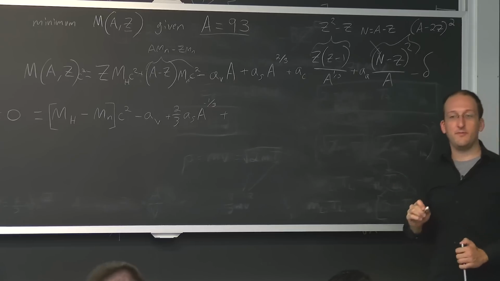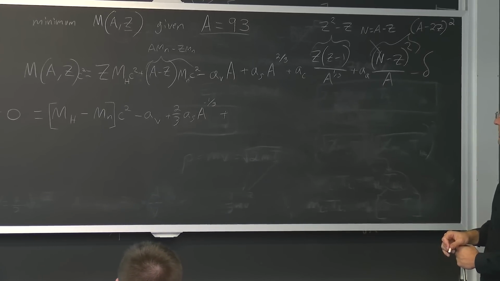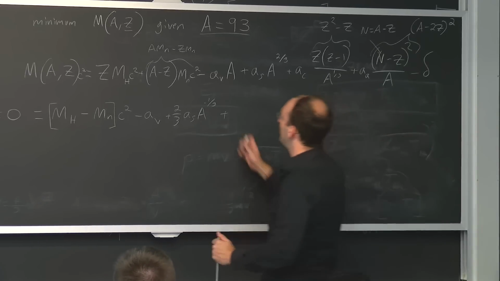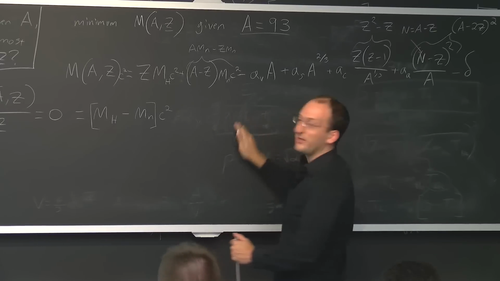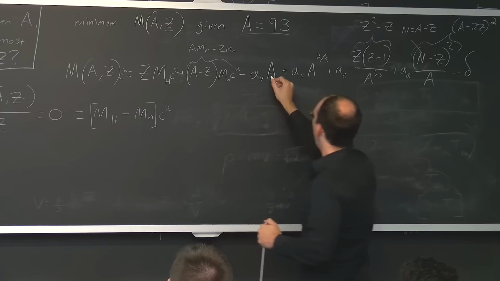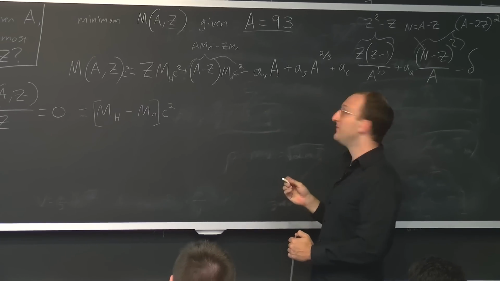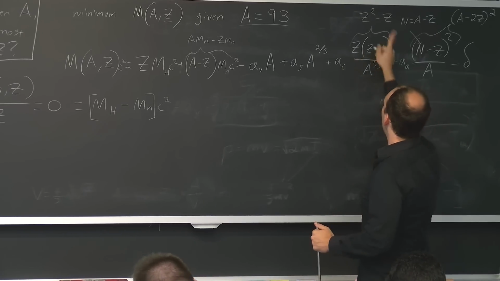Is everyone with me here? Shouldn't the A terms, like the A_V A and the A_S A to the 2/3, stay? Oh, you're right. I'm deriving with respect to the wrong variable. Thank you. Yep, so we want to do this as a function of Z. So that term disappears. That term disappears. Thank you. Let's work on these ones right now.